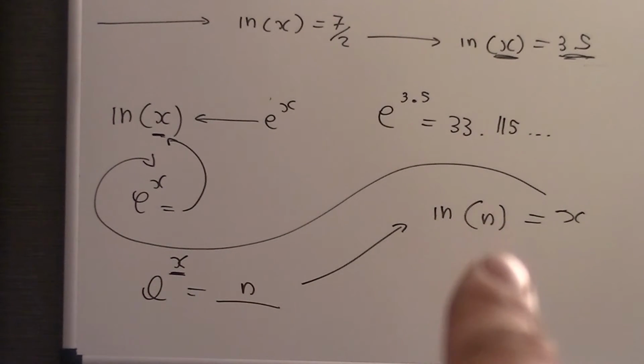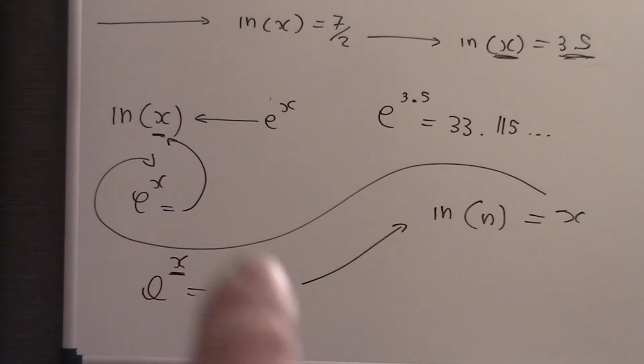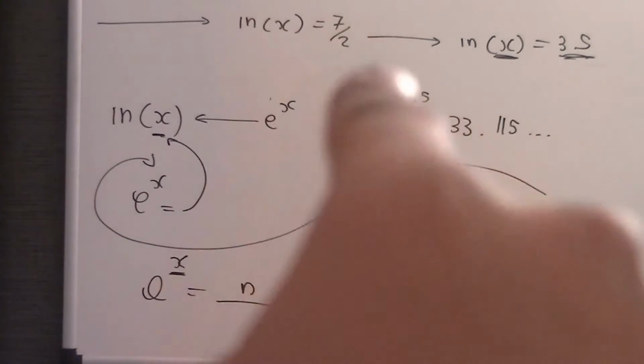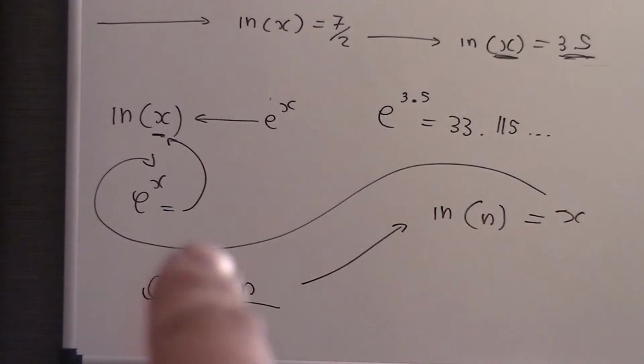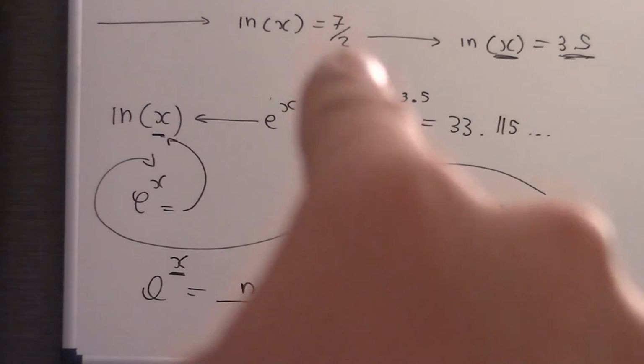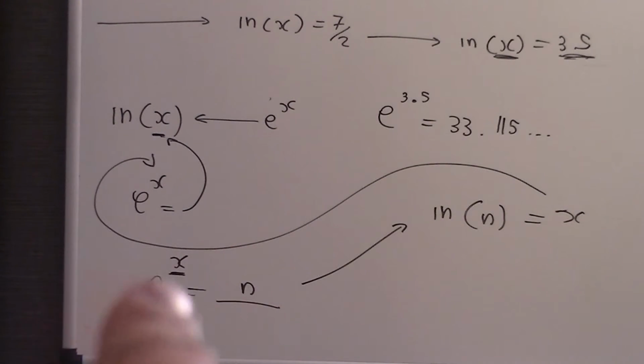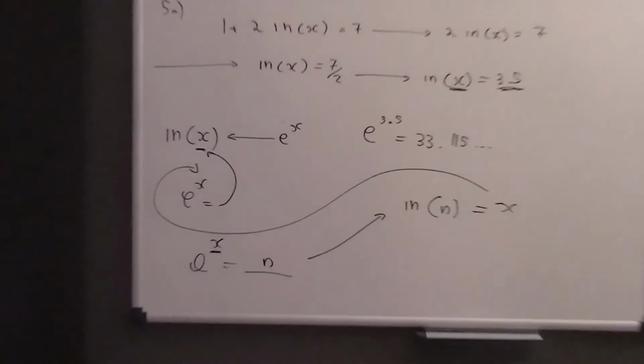So you can see that n is equal to e to the power x here. That is that n, but what that's equal to, 7 over 2, is x, which is there. So basically all we did was put that, which is that, on there to get n. So hopefully that has explained it.